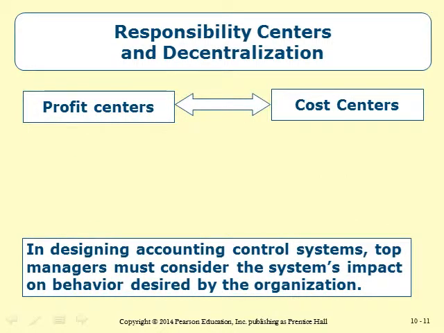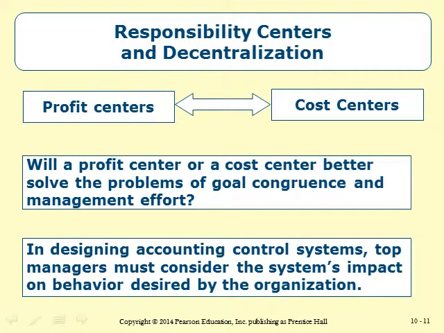The fundamental question in deciding between using a cost center or a profit center for a given segment is not whether heavy decentralization exists. Instead, the fundamental question is, for whatever level of decentralization that exists, will a profit center or a cost center better solve the problems of goal congruence and management effort? In designing accounting control systems, top managers must consider the system's impact on behavior desired by the organization.